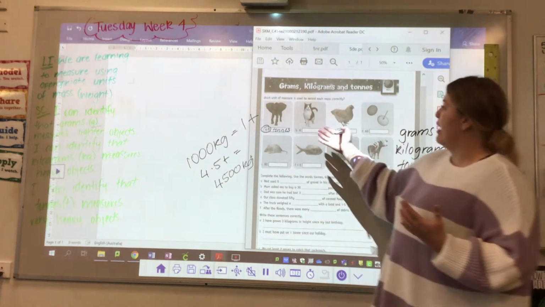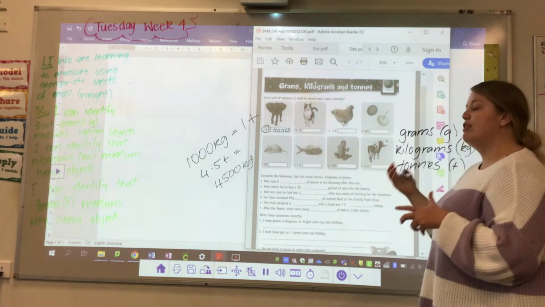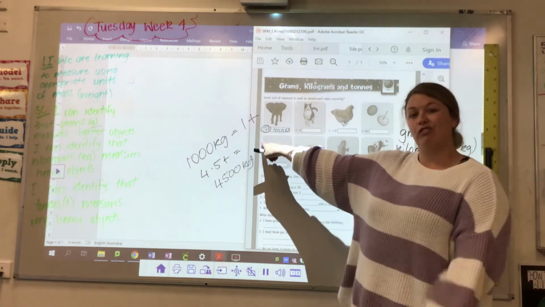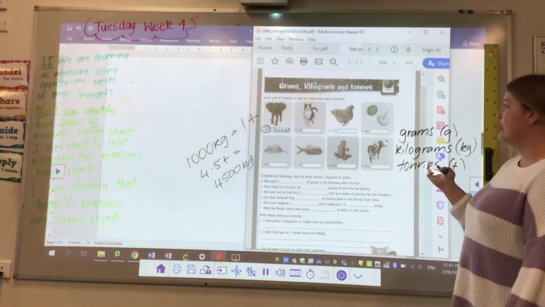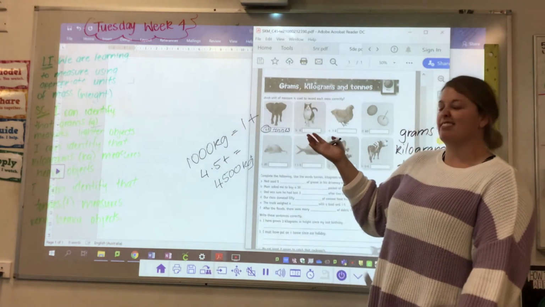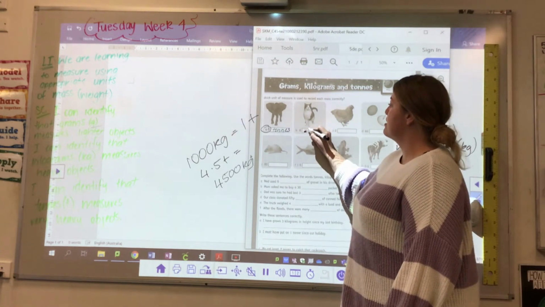All right, the next one, we have a cat. Now it's got the number 6 here. Do you think that cat is going to weigh 6 tons if our elephant is only 4.5 tons? Do you think it's small enough to only weigh 6 grams? No. So our cat is measured in kilograms.